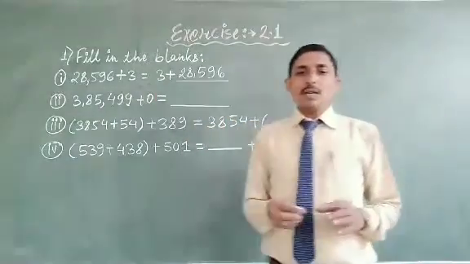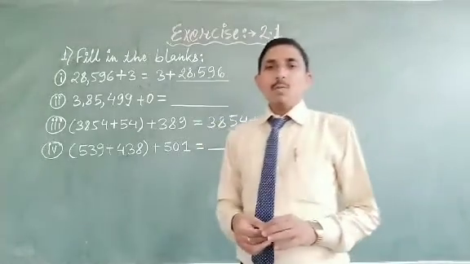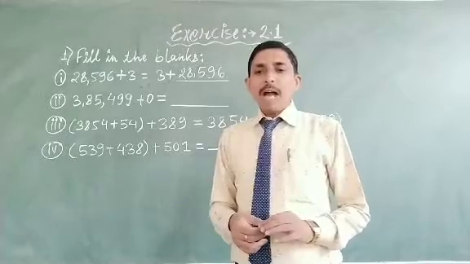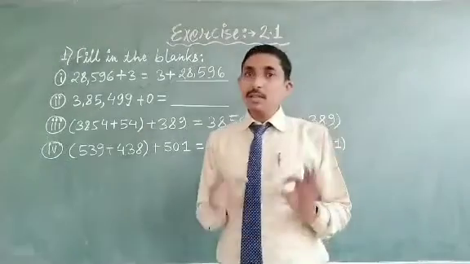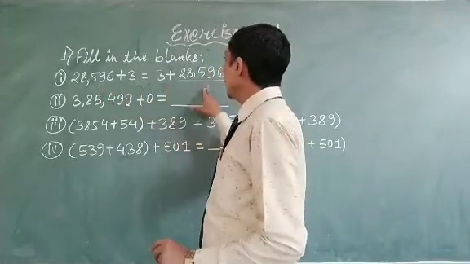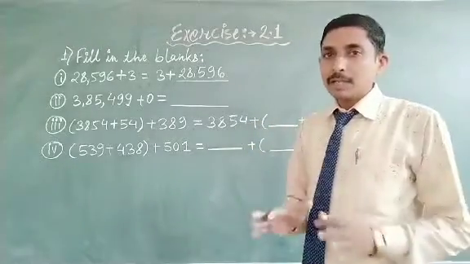This is the commutative property. In the commutative property, what we say is that in whatever order we add two whole numbers, the sum always remains the same.